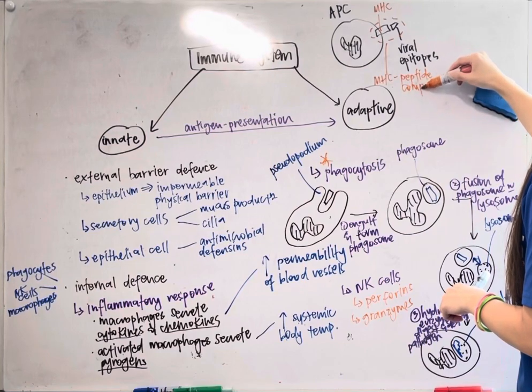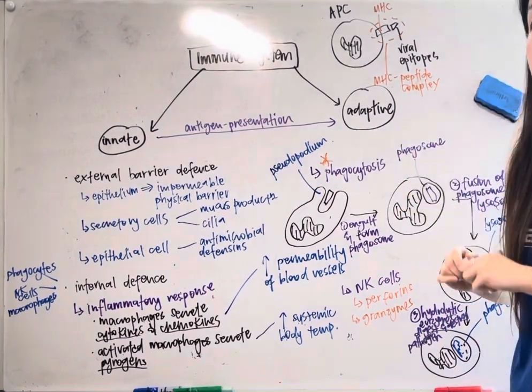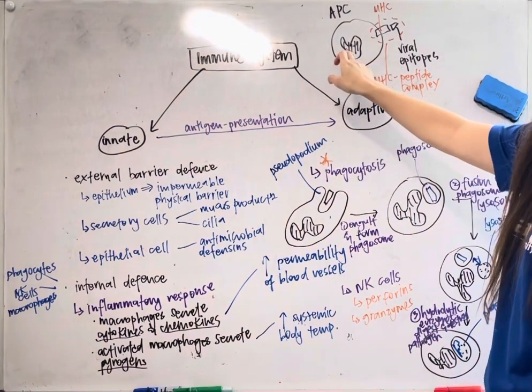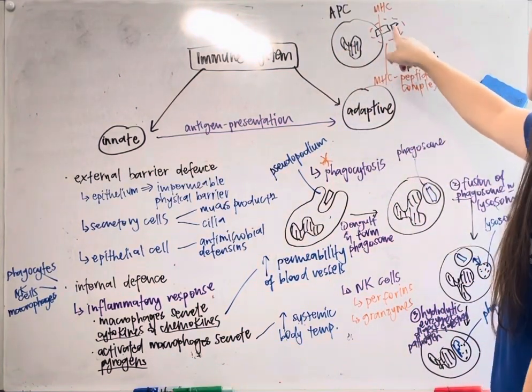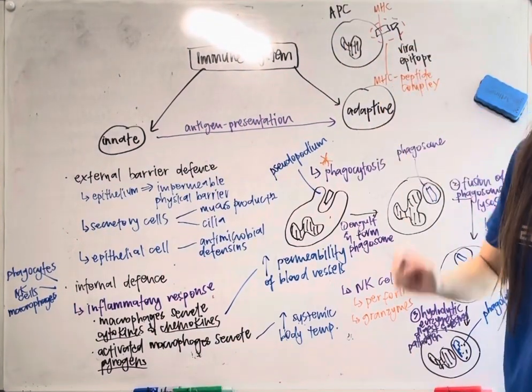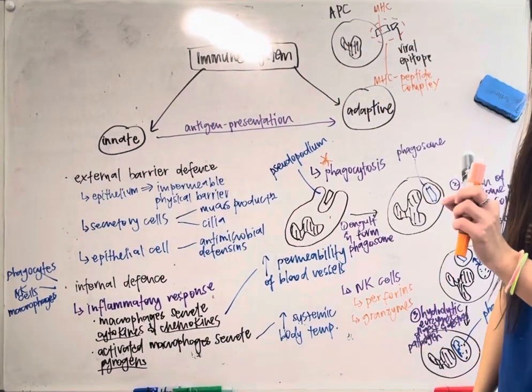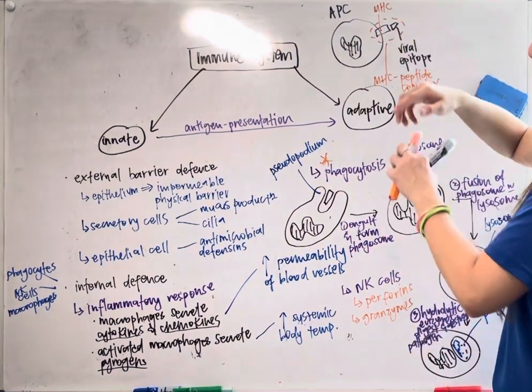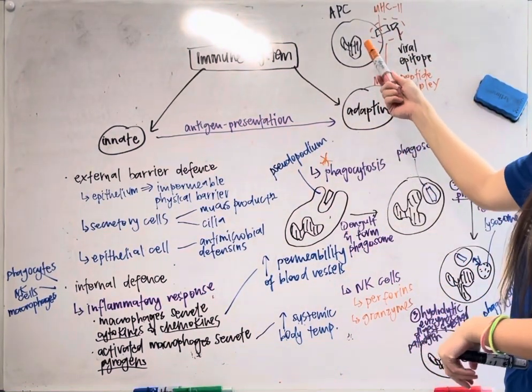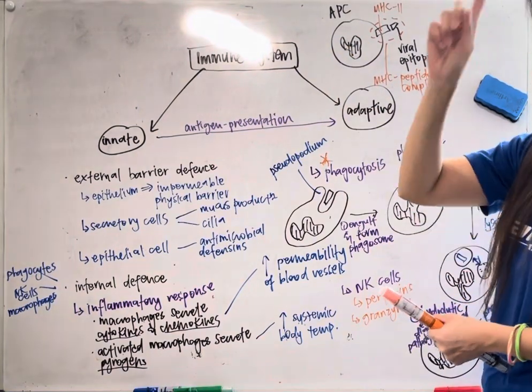But if some schools make you memorize class 2 and class 1, just tell yourself, class 2 is for macrophages that present the viral epitope on the surface. Class 1 is infected cells. So it's different. I repeat, if it's a macrophage, this is MHC class 2. MHC class 1 is for infected cells.